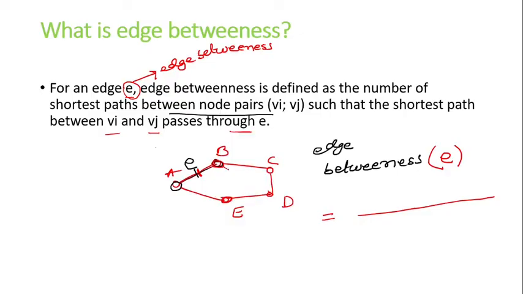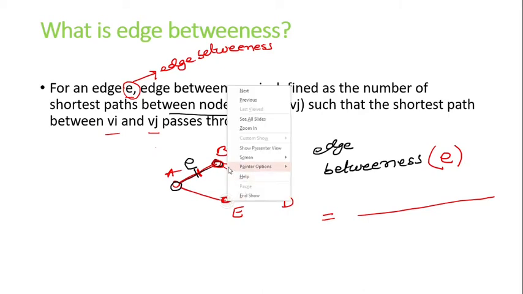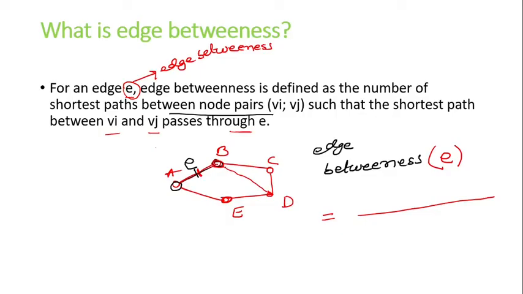Let's say there is another edge here, so 1 2. This is one shortest path, and this is another shortest path, 1 2. That means BAE and BDE, these two shortest paths, exist here. So either you can come through this to this, if I am considering BE in this direction.